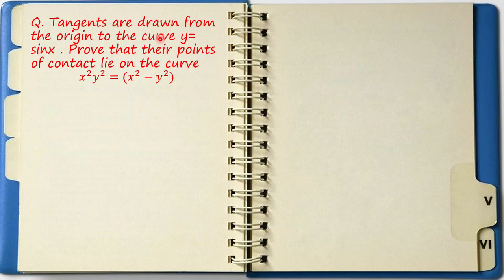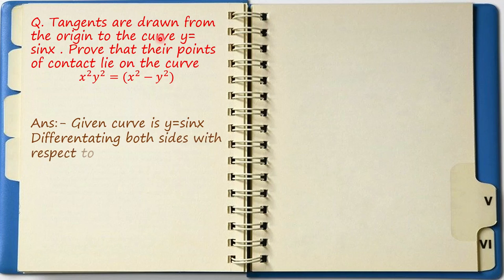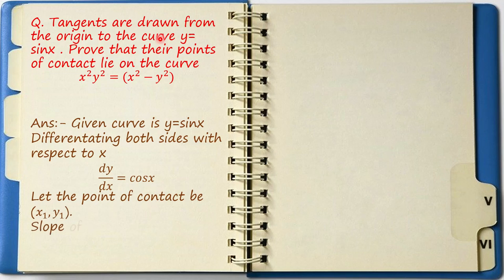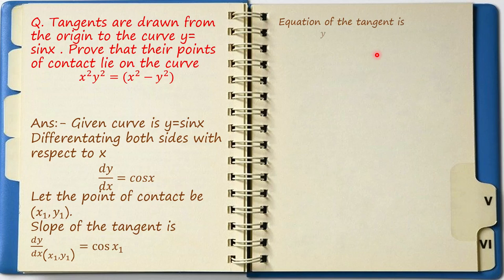So here the function is y is equal to sin x. Firstly find dy/dx. The given curve is y is equal to sin x, differentiating both sides with respect to x, we will find dy/dx, that is cos x. I am taking the point of contact as (x1, y1). So the slope of the tangent, that is dy/dx at the point (x1, y1), is cos of x1.